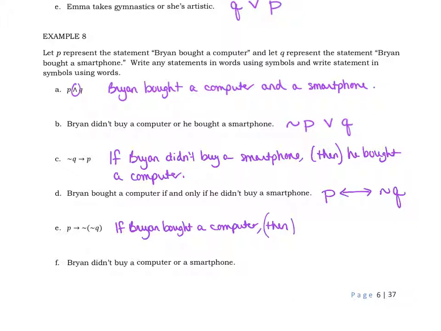All right, now we have a not Q. All right, so let's start inside the parentheses. So not Q would mean he didn't buy a smartphone. And then we negate that. So what is the negation or the opposite of he didn't buy a smartphone? Well, that would be he did buy a smartphone. Okay, so if Brian bought a computer, then he bought a smartphone.